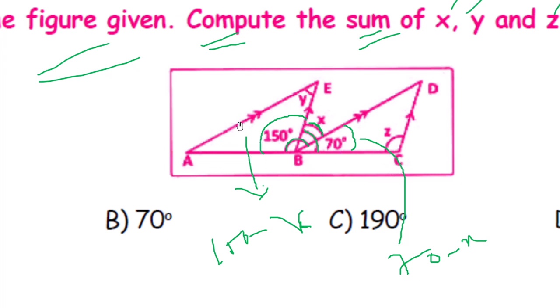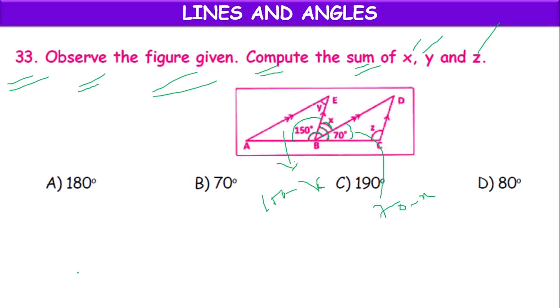So their sum will be equal to 180 degrees. So 150 minus x plus 70 minus x equal to 180 degrees.